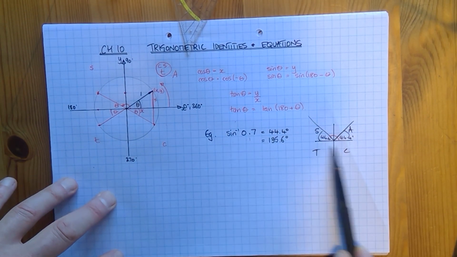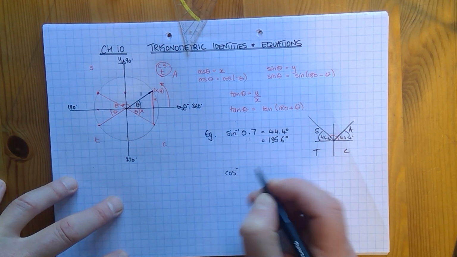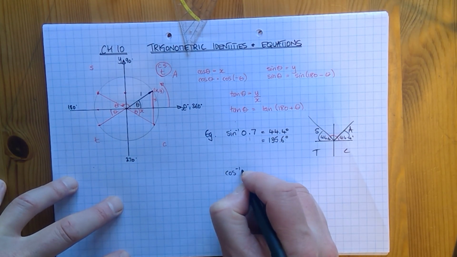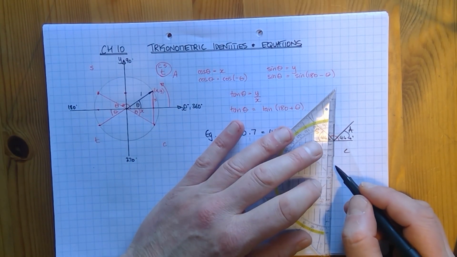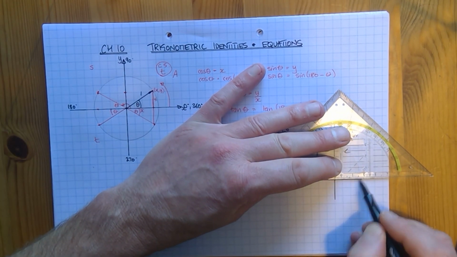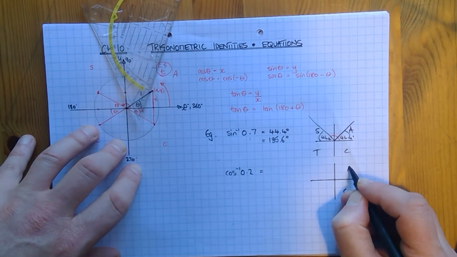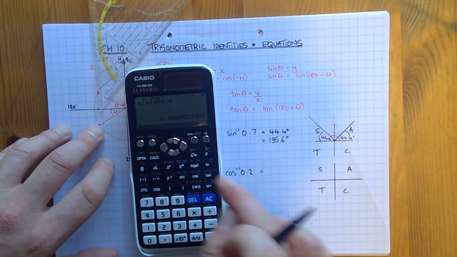For sine, this is the diagram we're going to draw. For cos, let's say I want to do inverse cos of 0.2. Little CAST diagram. Work out our primary value.